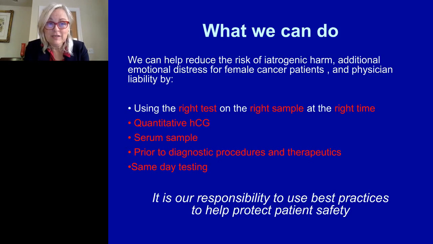If that can't be done, certainly a urine test is better than no testing at all, and it's our responsibility to all develop best practices to help protect patient safety. Thank you.